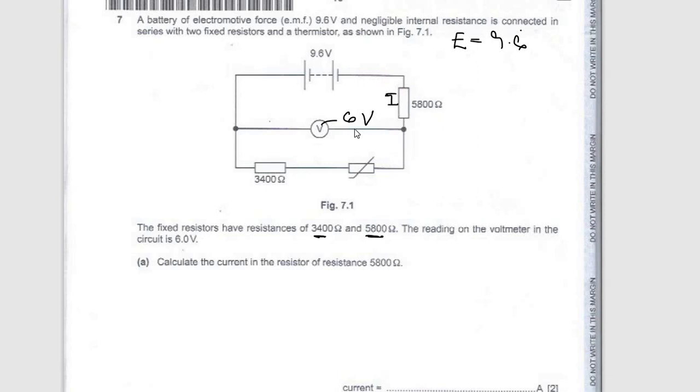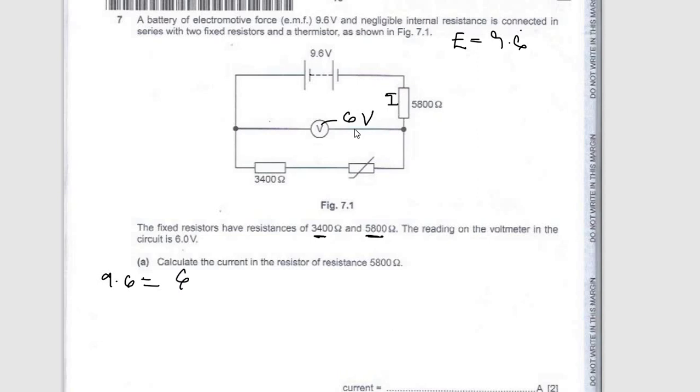Okay, let's make it easier. Since this is the EMF, 9.6, every other voltage is from this 9.6. So 9.6 will be equal to the sum of the voltage in the circuit, because every other voltage is from this EMF.